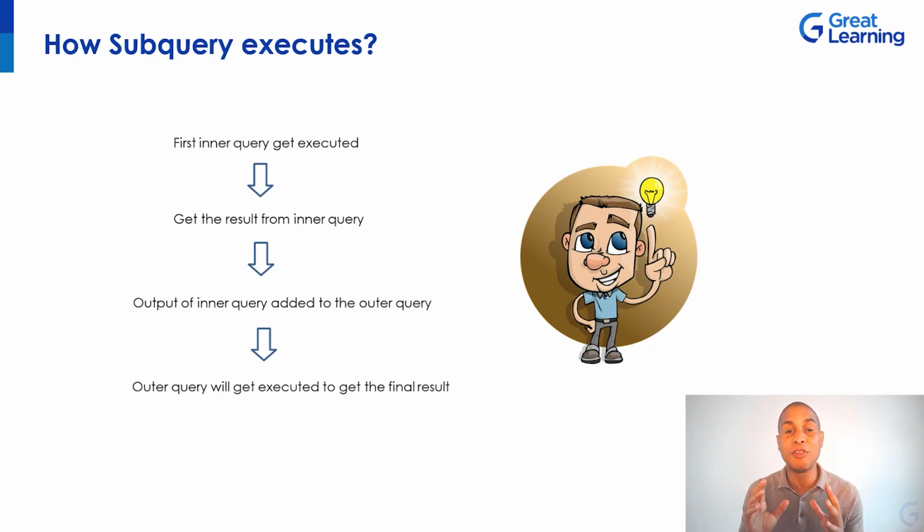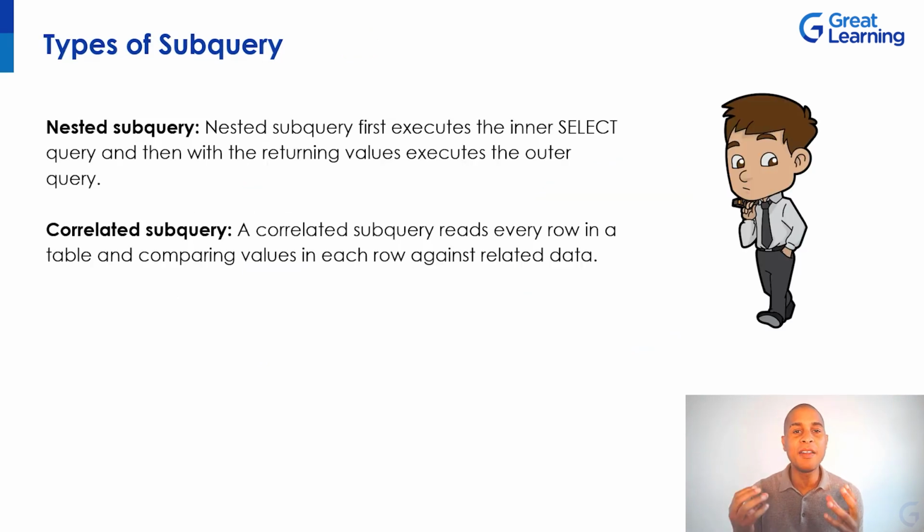Just remember that. There are different types of subqueries. You have 2 types of subqueries, and we classify them as nested or correlated subqueries. A nested subquery executes first, and it's usually the inner select query, and then returns the values, which executes the outer select query. So that was the inner and the outer.